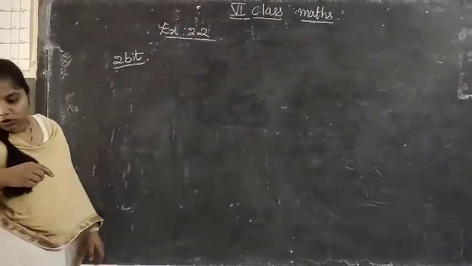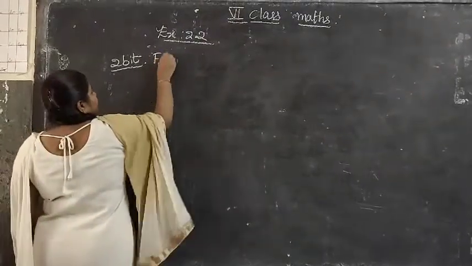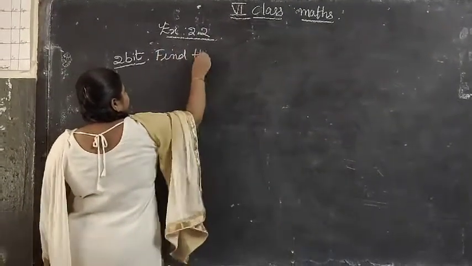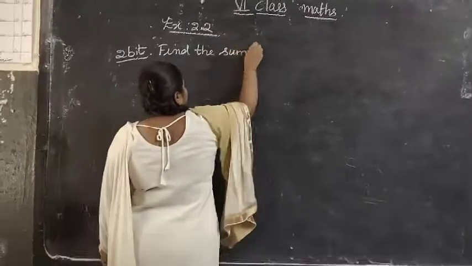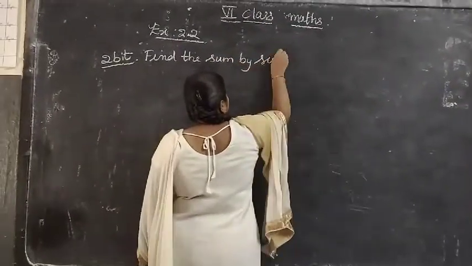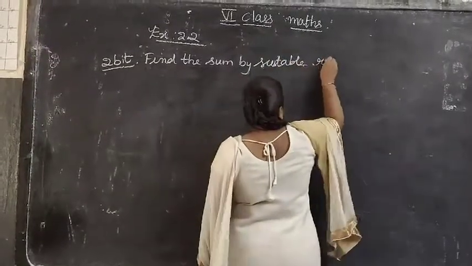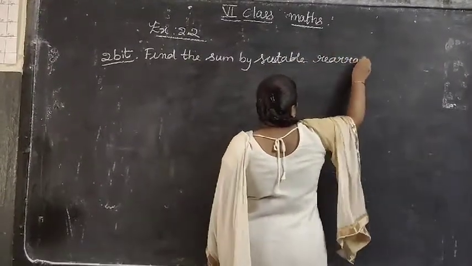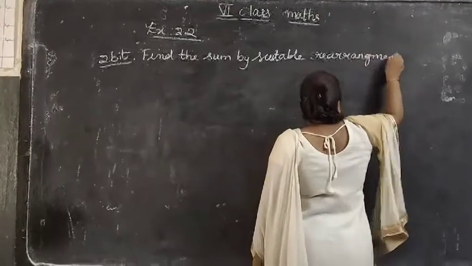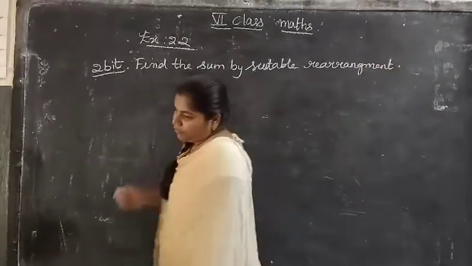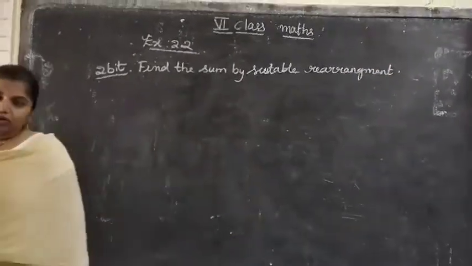Find the sum by suitable rearrangement. So what is the second part? Find the sum by suitable rearrangement.